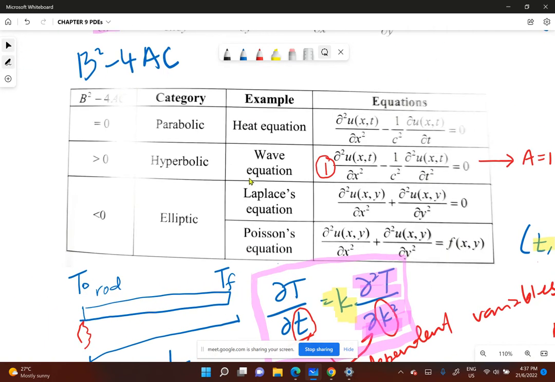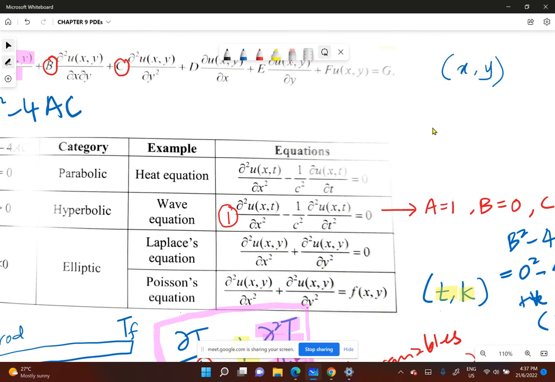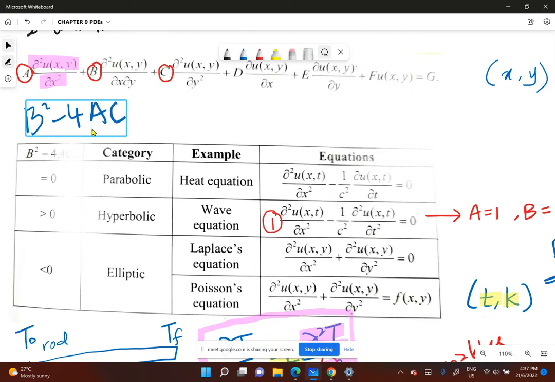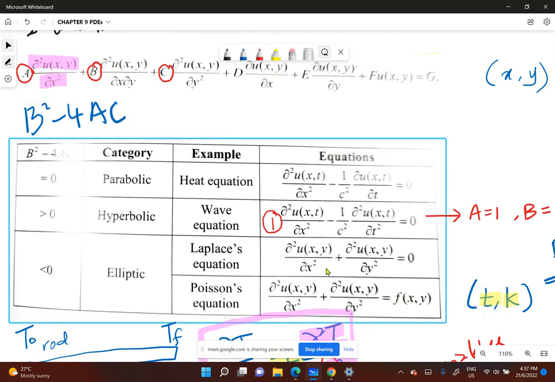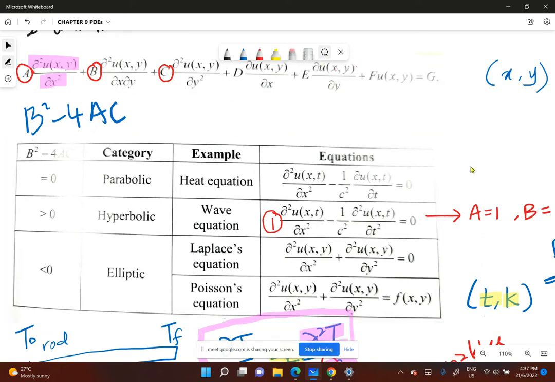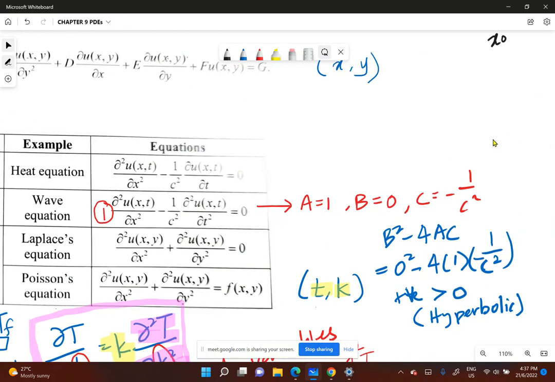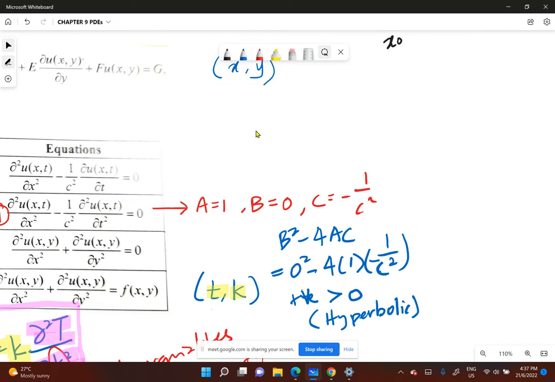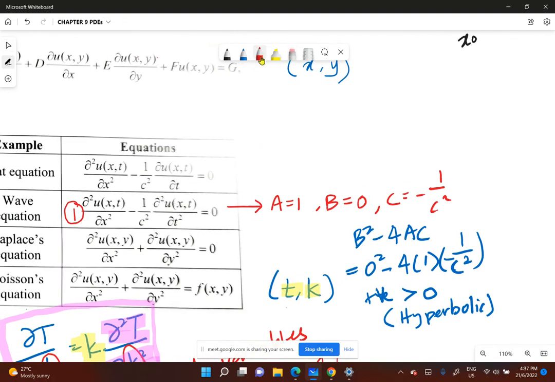So kalau untuk ellipse, that means B square minus 4AC is less than 0. If you look at this one, Laplace equation, go to Laplace. So this one is, A is 1, betul? C is 1.